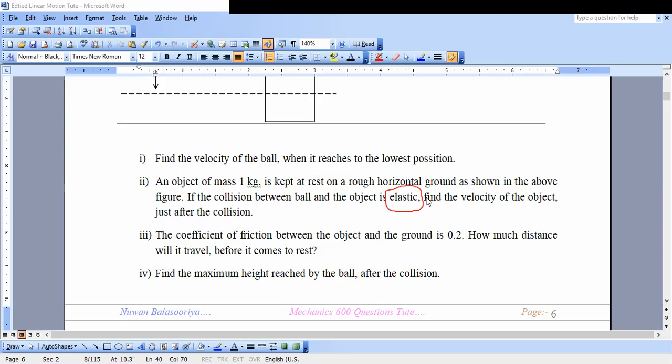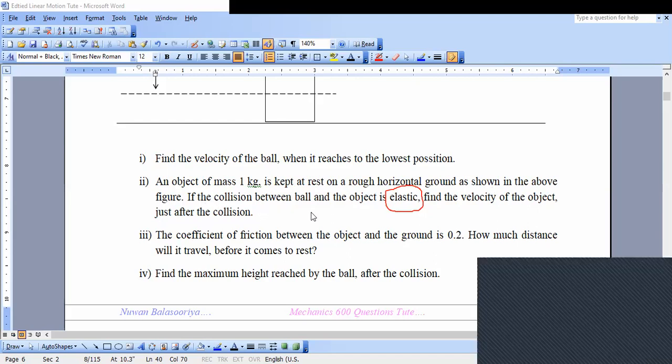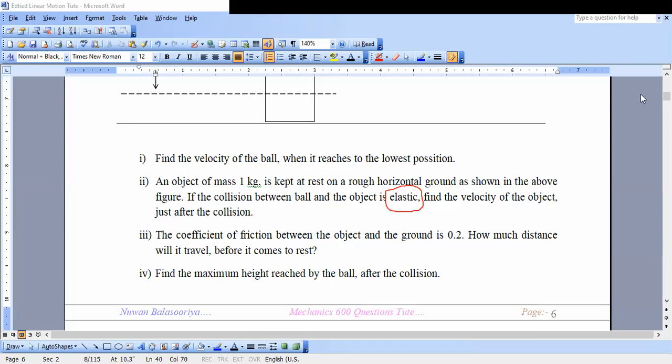The total kinetic energy of a system before the collision and the total kinetic energy of the system after the collision are equal. There is no waste in kinetic energy. So an object of mass 1 kg is kept on rough horizontal ground as shown in the figure. If the collision between the ball and the object is elastic, find the velocity of the object just after the collision.